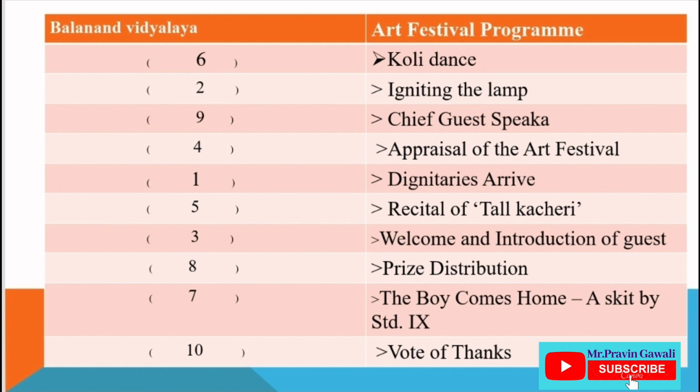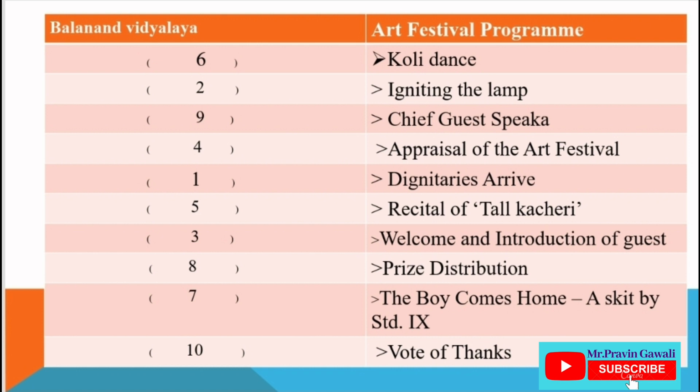Students, I will tell you in order. So, in the first order, dignitaries arrive. Second, igniting the lamp. Third, welcome and introduction of guest. Fourth, appraisal of the art festival. Fifth, recital of Tal Kacheri.